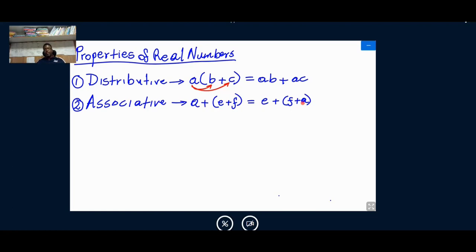On the left hand side and the right hand side, you're going to get the same thing.